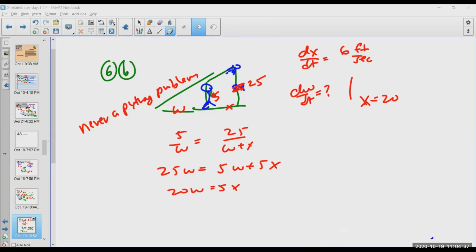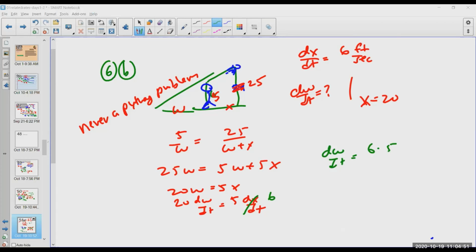Okay, I'm going to take the derivative of both sides. So that's going to be 20 dw dt is equal to 5 dx dt. Okay, so the dx dt I know is 6. So that means dw dt is equal to 6 times 5 divided by 20, which is 30 divided by 20, which is 3/2.